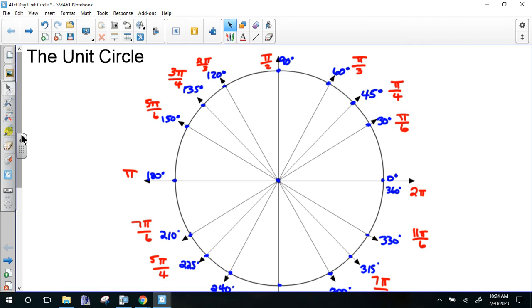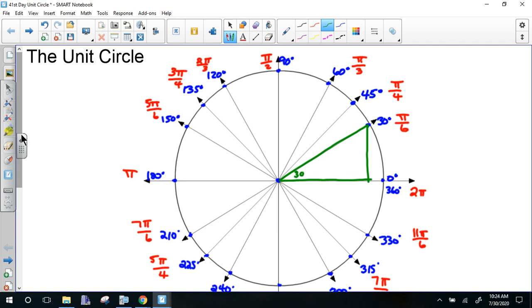Okay. So here, I'm going to show you how we calculate one of them, and then I'm going to label the rest of them in there. So if we were to draw this angle, we know it's 30 degrees.